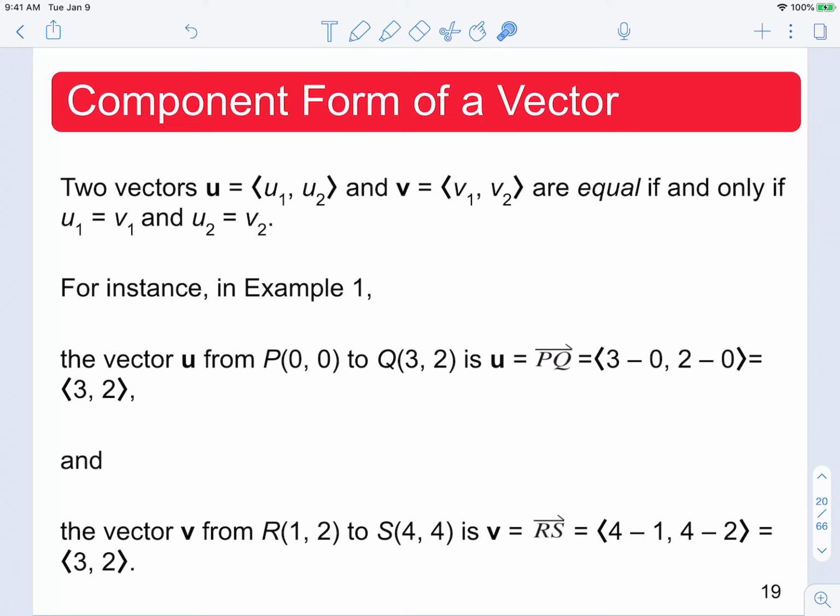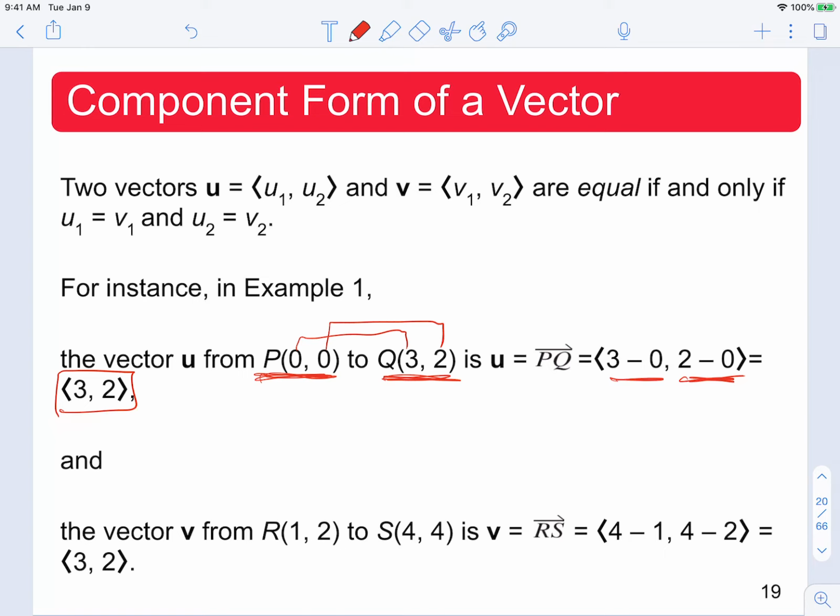Now, going back to example 1. In example 1, remember we had that directed line segment PQ, where P was at the origin and Q was the terminal point (3, 2). In order to find our vector and write it in component form, we take the difference in the x's and the difference in the y's, and that's how we get our components.